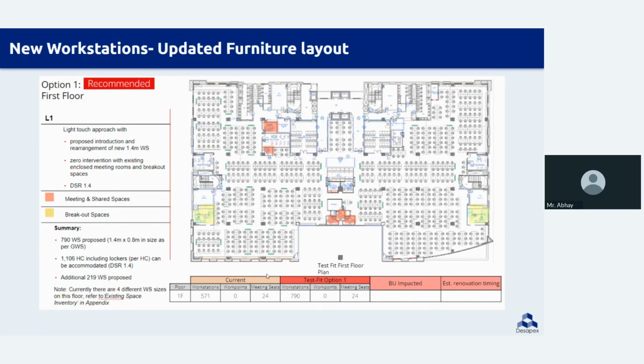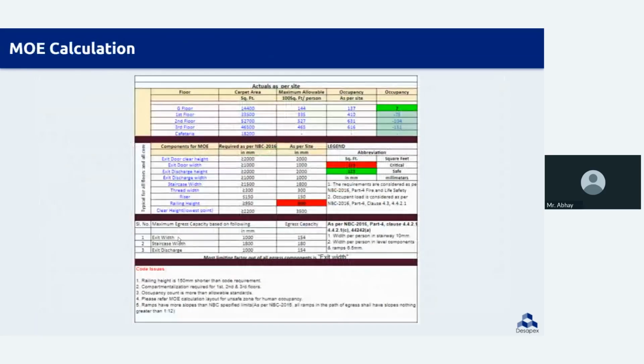Here you can see that the 571 workstations could be increased to 790, so 219 additional workstations could be added to the floor. This was the other way. But only by changing the furniture, this is not going to happen. All the other factors in the building should also support it.